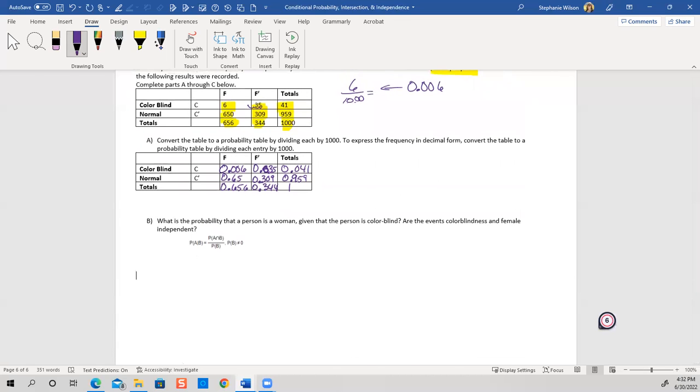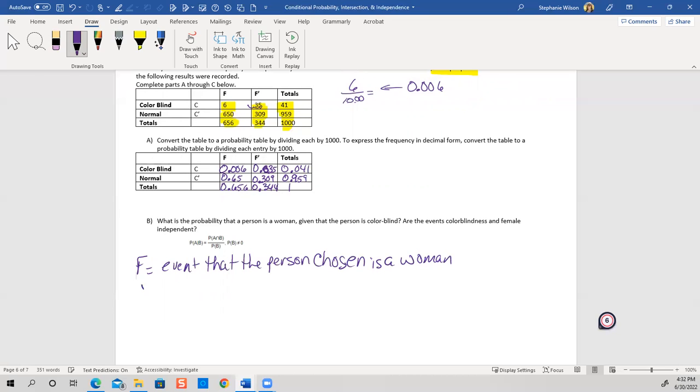label right quick. We're going to let F equal the event that the person chosen is a woman.